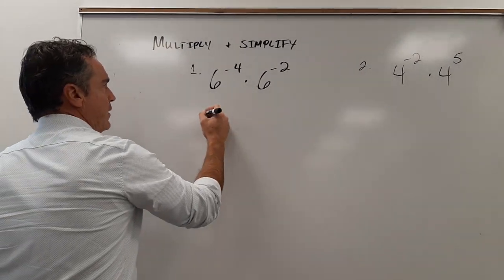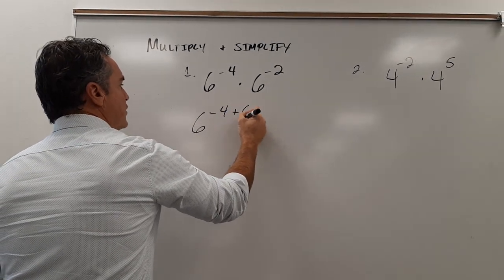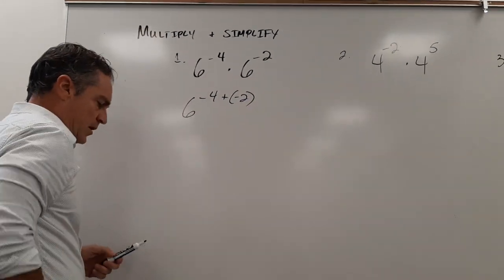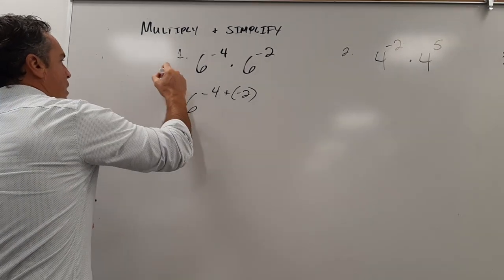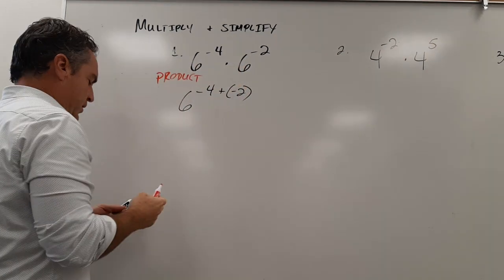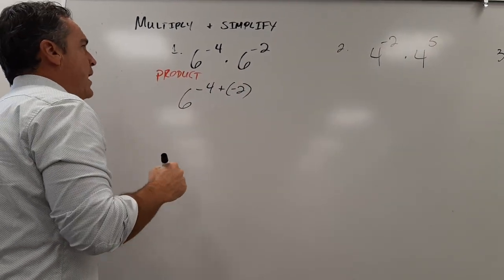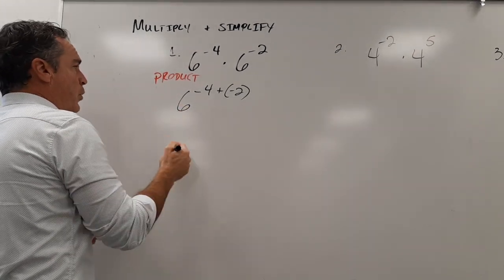We're going to say that this is 6 to the negative 4 plus negative 2. This is an example of which rule? Right now, we're talking about the product rule. In the product rule, we have numbers with the same base being multiplied, and we can add their exponents. Their base in this instance is not a variable, it's a number, it is 6.